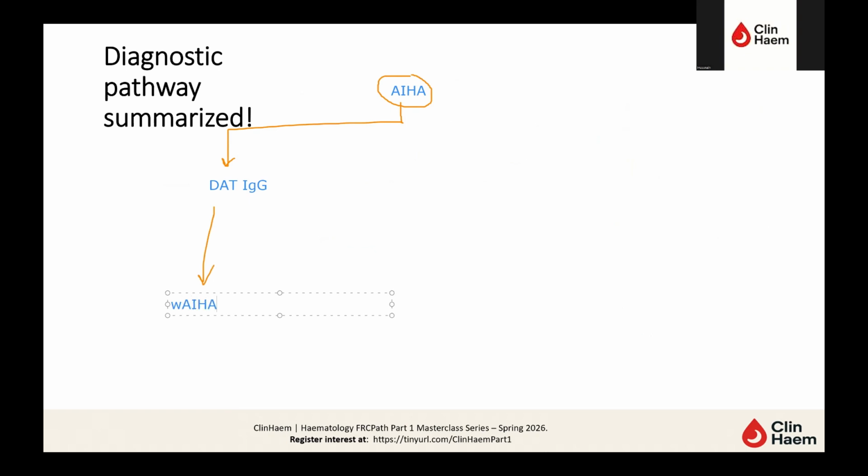But if this is not the case, and that is positive for C3d, now that is the problem, plus minus IgG. If you see C3d, now you are bound by principle to rule out a cold antibody because you have seen C3d.